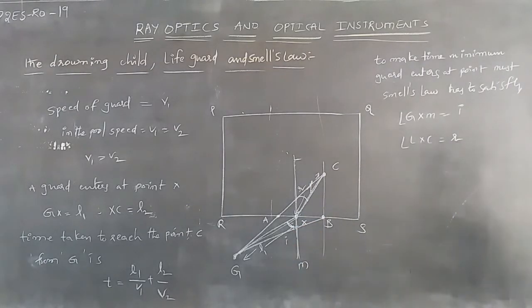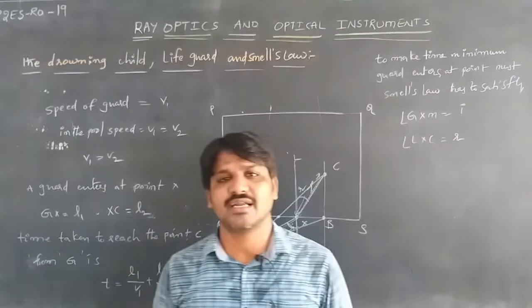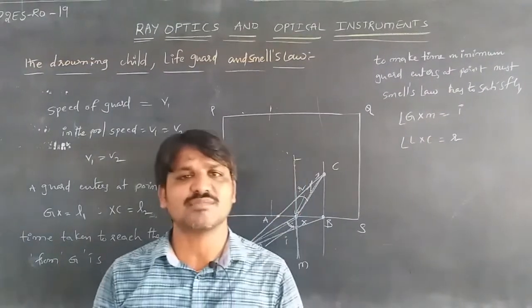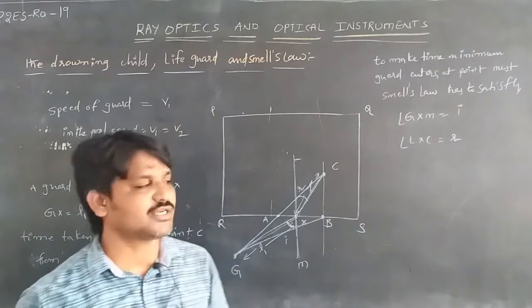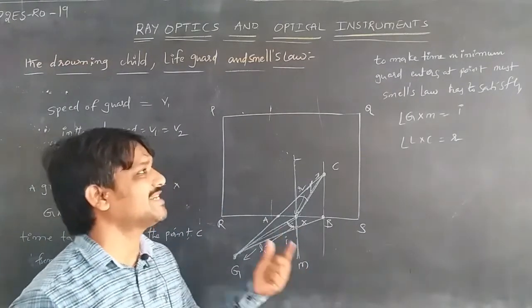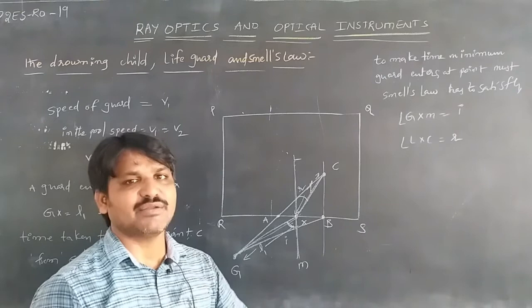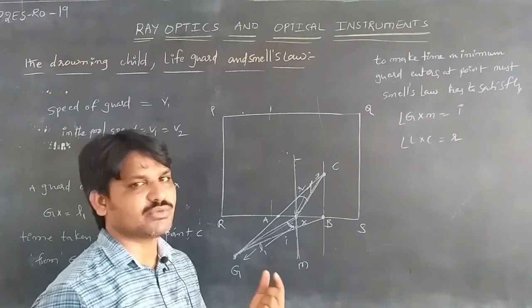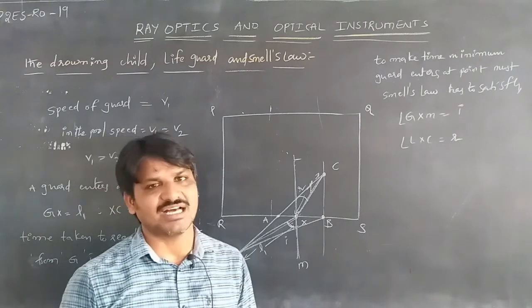So whenever angle GXM is equal to i and angle LXC is equal to the angle of refraction, from those angles we can find the point, and it must follow Snell's law to take minimum time.